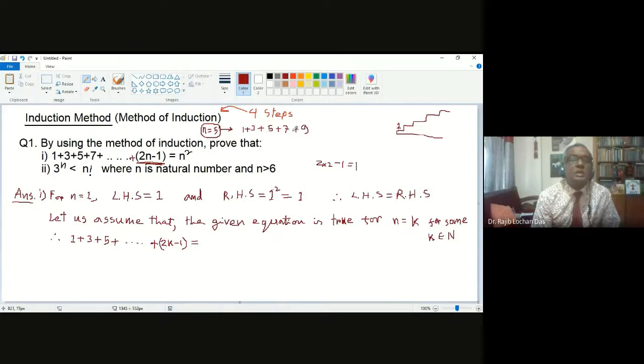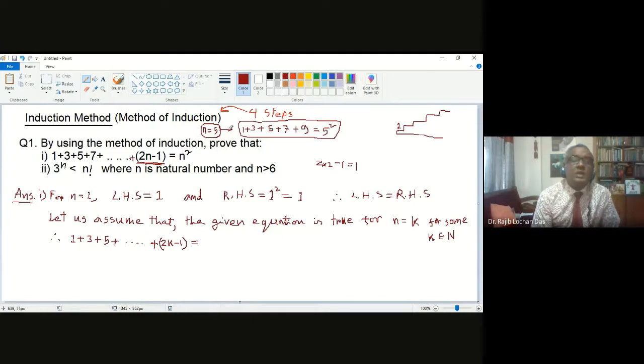This is the left side. And the right side will be 5 square. Can you check, is this correct? 1 plus 3, 4. 4 plus 5, 9. 9 and 7, 16, and plus 9 equals 25. Yes, correct.